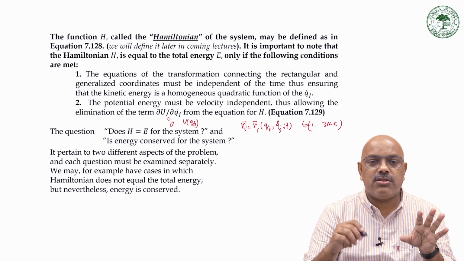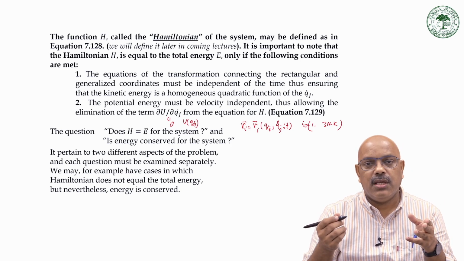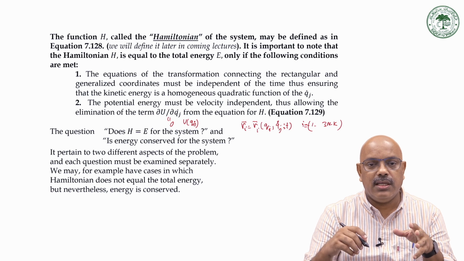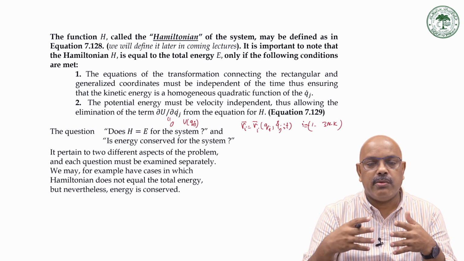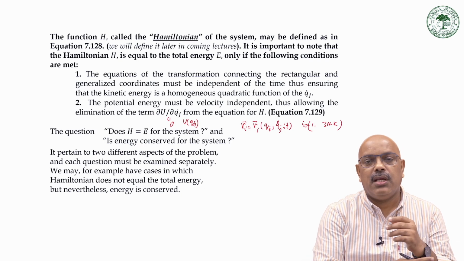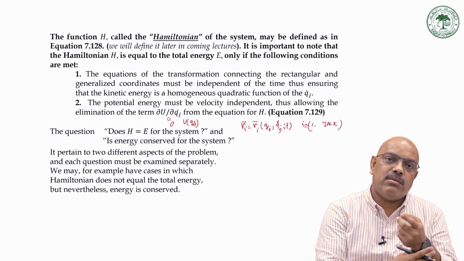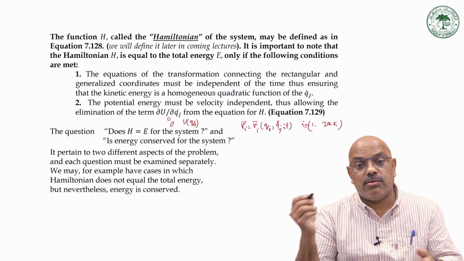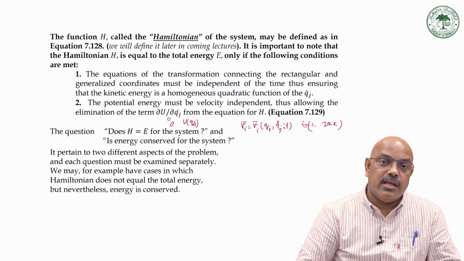But the energy is to be conserved for every system. Okay, so these two questions have to be considered separately. The concepts should not be mixed: whether the Hamiltonian is going to be the total energy of the system, and whether the Hamiltonian is conserved, which is the total energy conservation of the system.